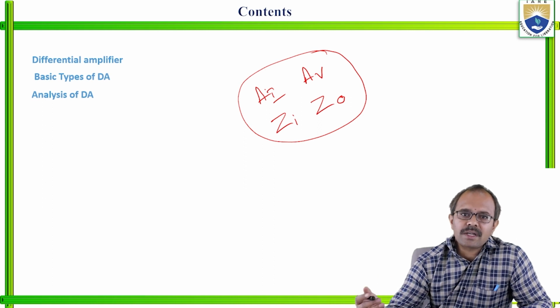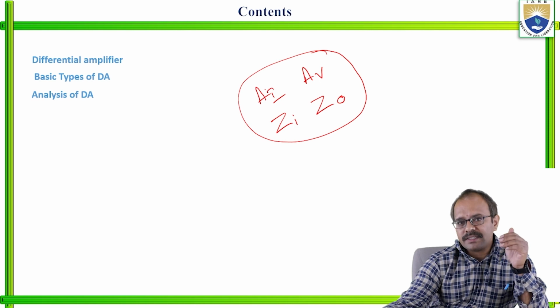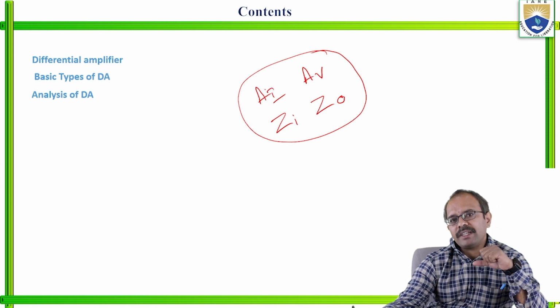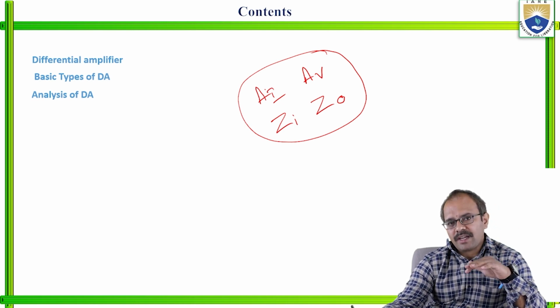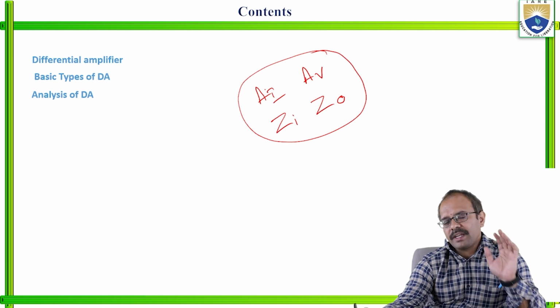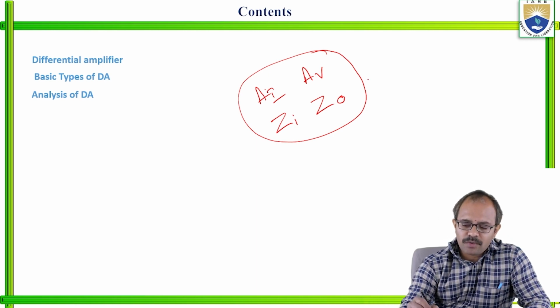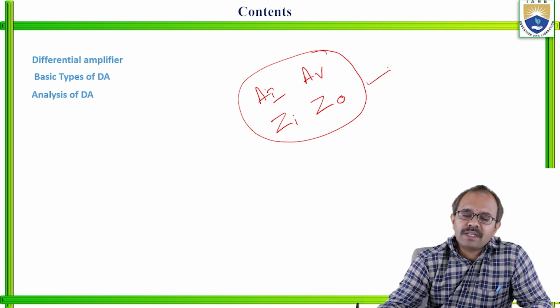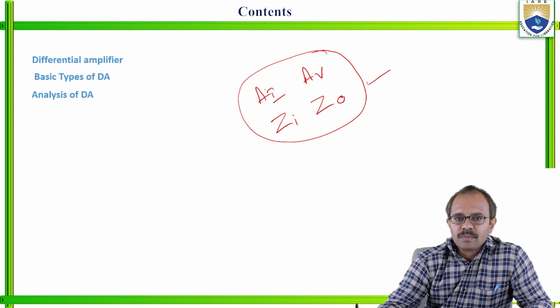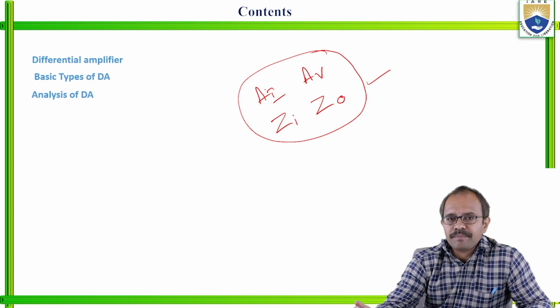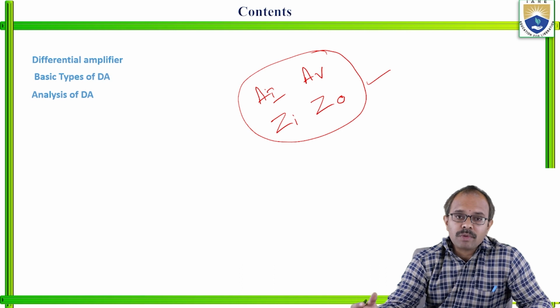It can be either common emitter, common base, or common collector in the context of BJT. And if you look at the FET, you can consider common source, common drain, or common gate. Whatever it may be, these are the four basic components which we will try to analyze or obtain from the basic amplifier.